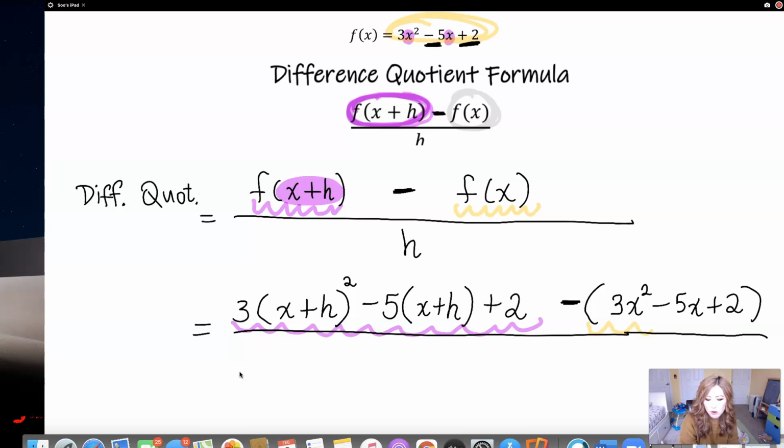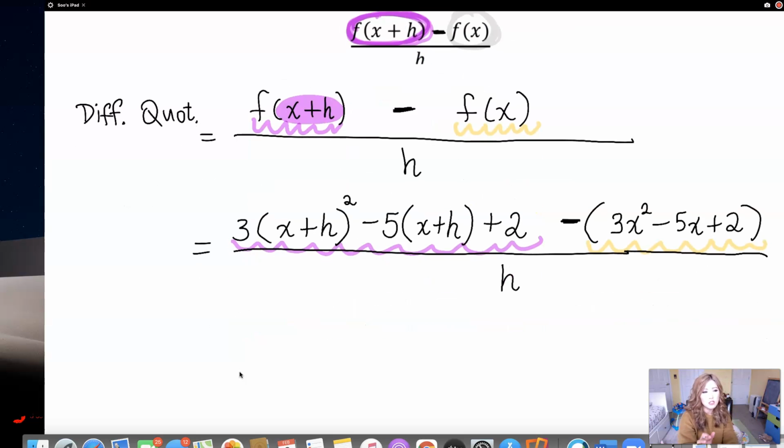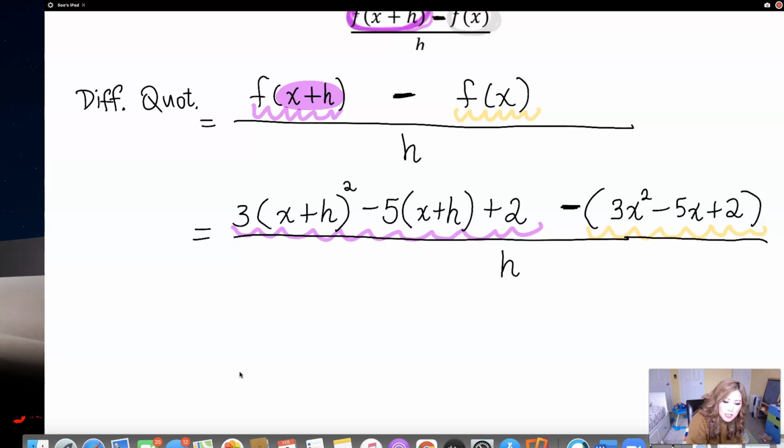So difference quotient, the craziest part is going to be the numerator, right? But I guess as soon as you write it down first, we just have to FOIL or distribute, all that stuff. So now let's see. How about that thing that we talked about? Remember in class, we talked about what x plus h squared is. X plus h squared is x squared plus 2xh plus h squared.